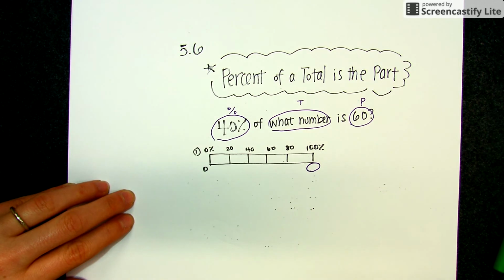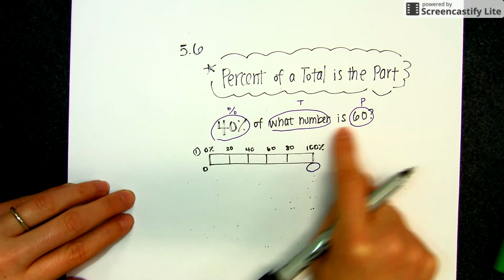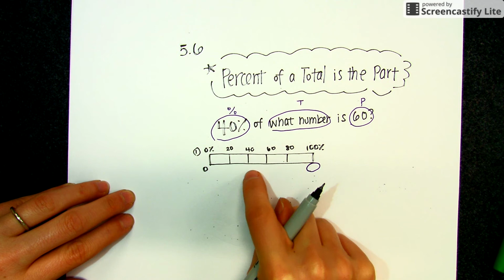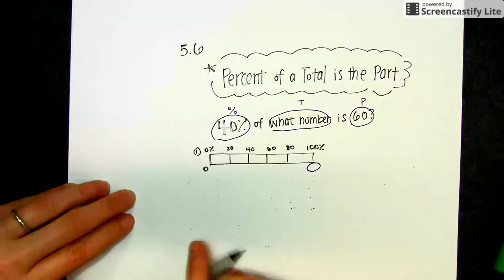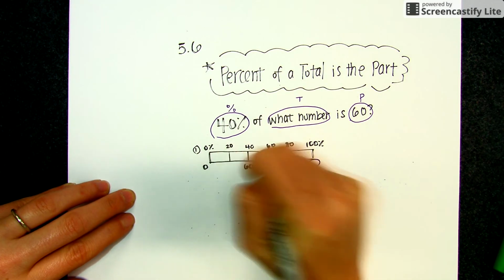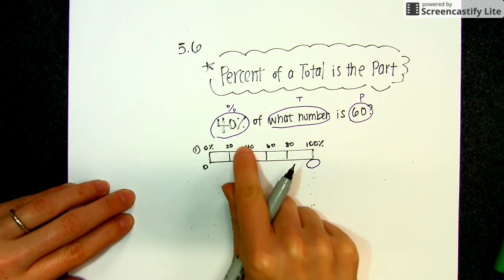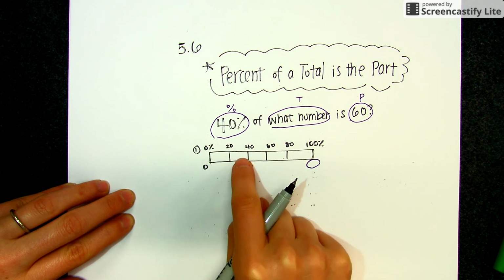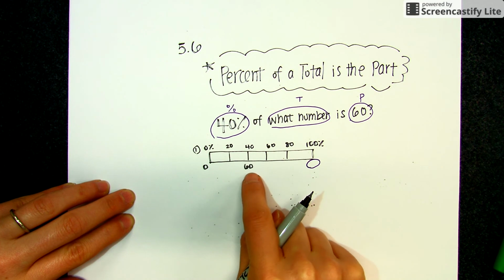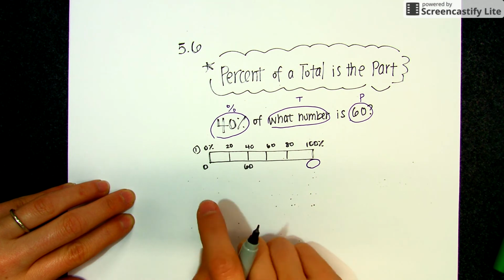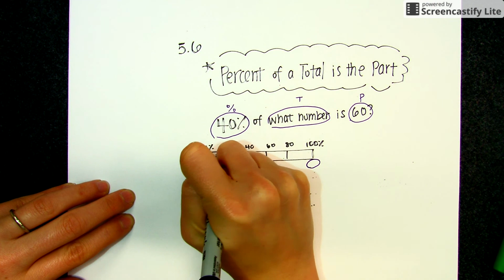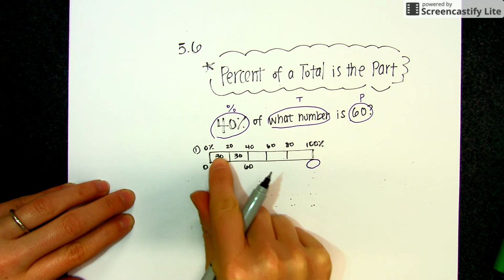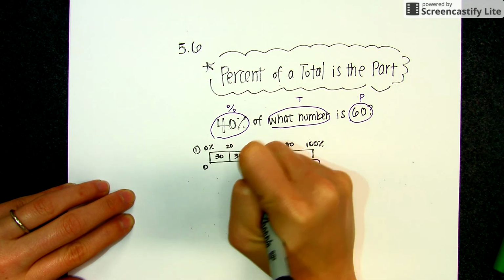So all my percents are always on top. Now, 40% of what number is 60? So right below 40%, that's the part, is going to be 60. 40% is 60. Now, 2 parts gives us 60, so each part is going to be 30, because 30 plus 30 is 60.